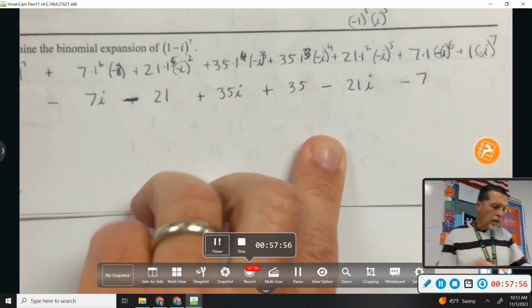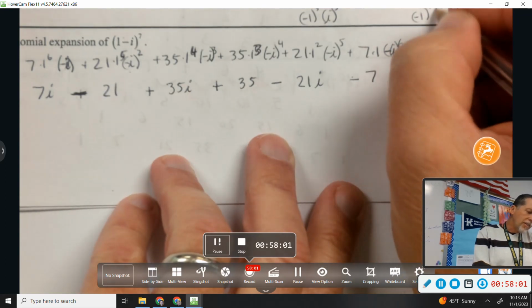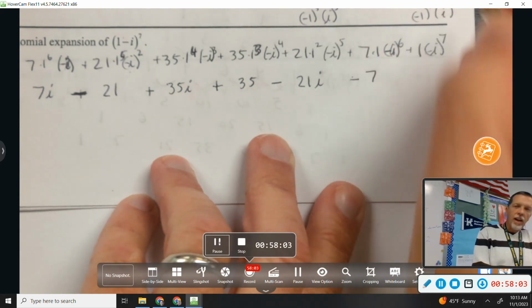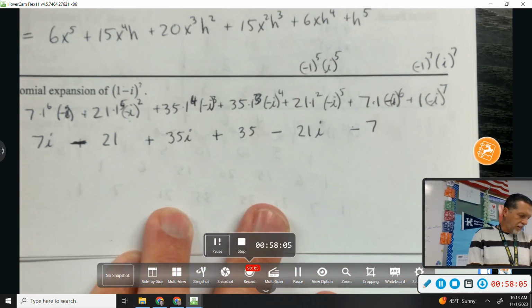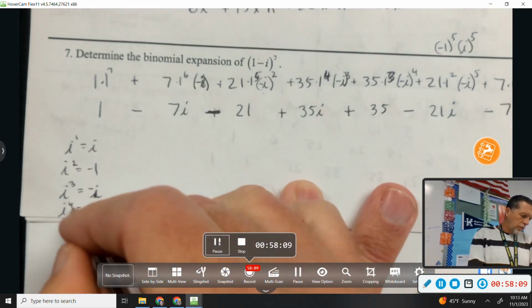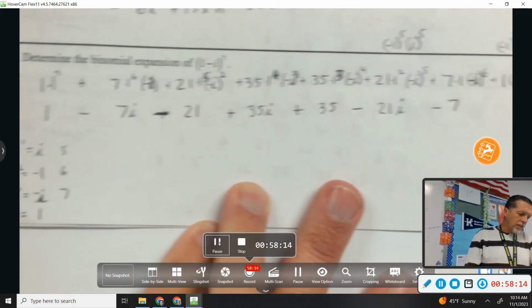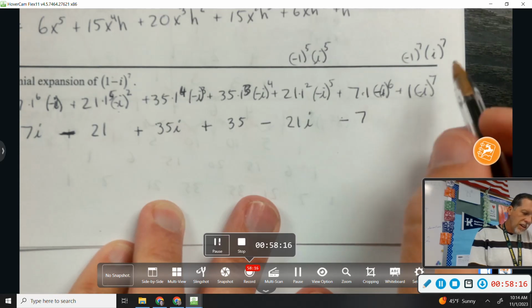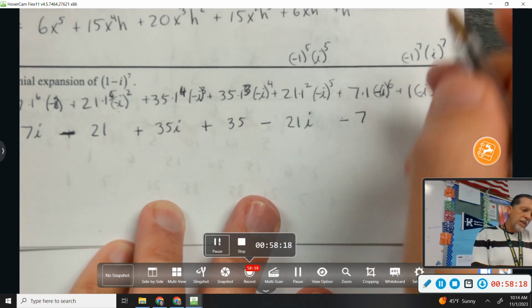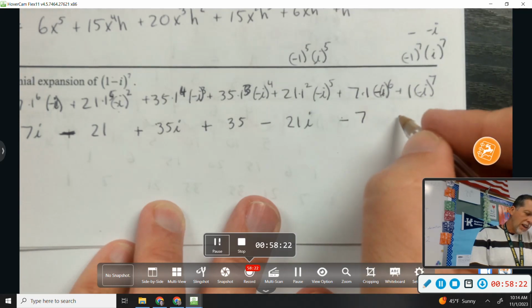And then that last one, so negative 1 to the seventh is negative. i to the seventh, I'm back over here on my pattern, 1, 2, 3, 4, 5, 6, 7. i to the seventh is negative i. So negative 1 times negative i is plus i.